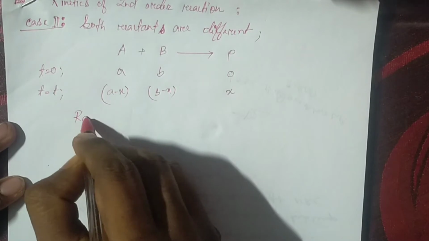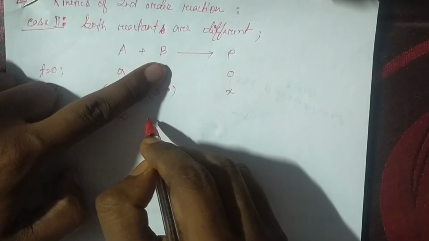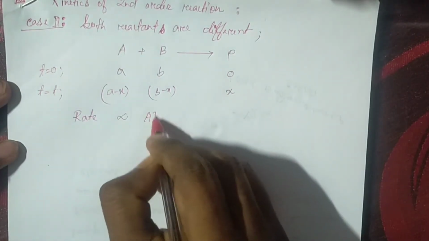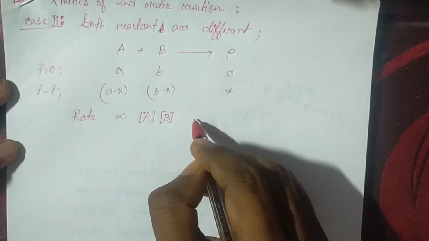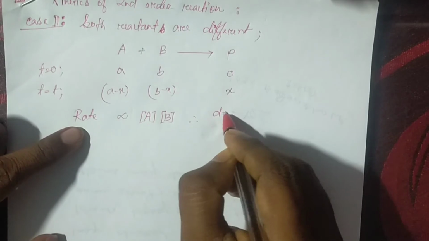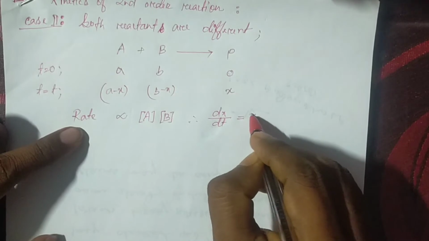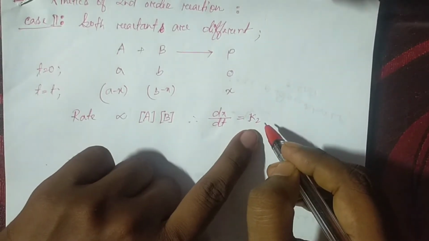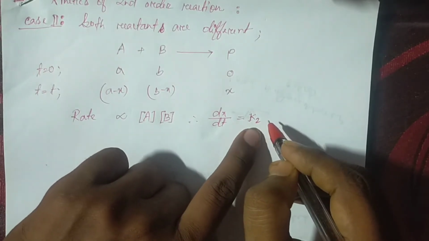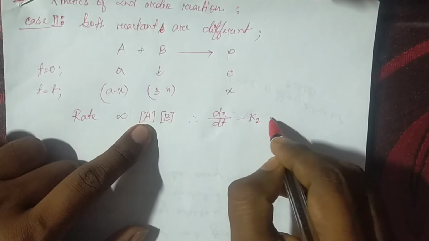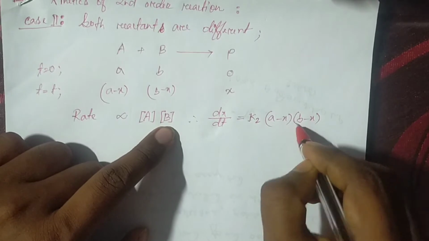So rate will be proportional to both reactants, so it is a second order reaction. Concentration of A and concentration of B. So we can write this rate as dx by dt is equal to k2, because this is the rate constant for second order reaction, and instead of a we will write a minus x, instead of b it will be b minus x.